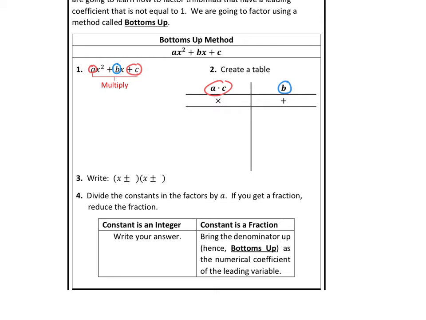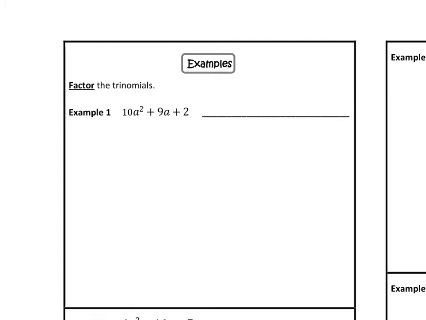All right, so let's go to example 1. We're going to make a table, and we're going to multiply the first and the last.